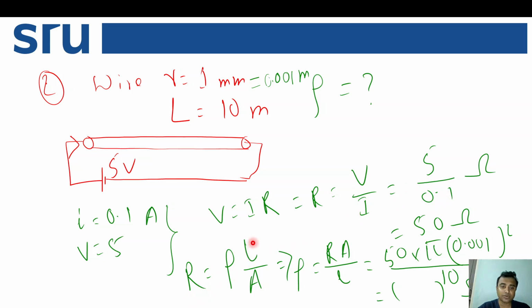Now again R equal to rho L by A, then rho equal to RA by L. Now R is 50 and A is pi r square, because it is basically a circular cross section. That gives you the area of cross section, then the length is 10 meter, and you can simply do the calculation and get the number. So that's how you can calculate rho.